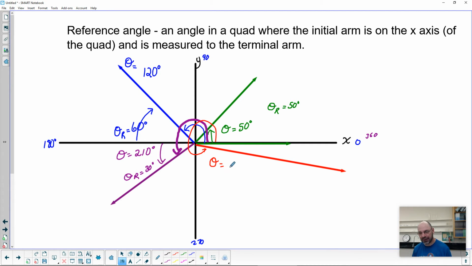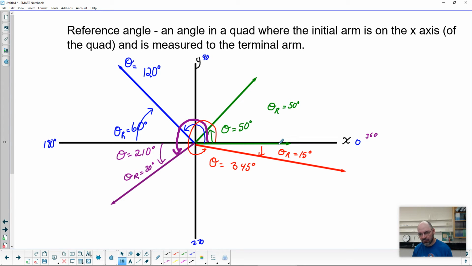So let's say that would be 345 degrees. So if this is 360, that means the theta reference, which would be just this one coming down like that, would be 15 degrees.